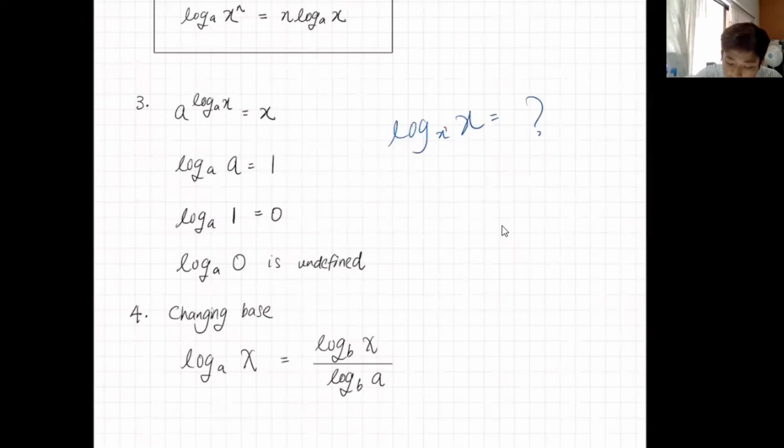This actually means x has to be to the power of what to give you x? It must be 1. Because as I mentioned many times in the first video, when you power a variable by 1, it will output the same thing. If x to the power of 1, it will give you x.